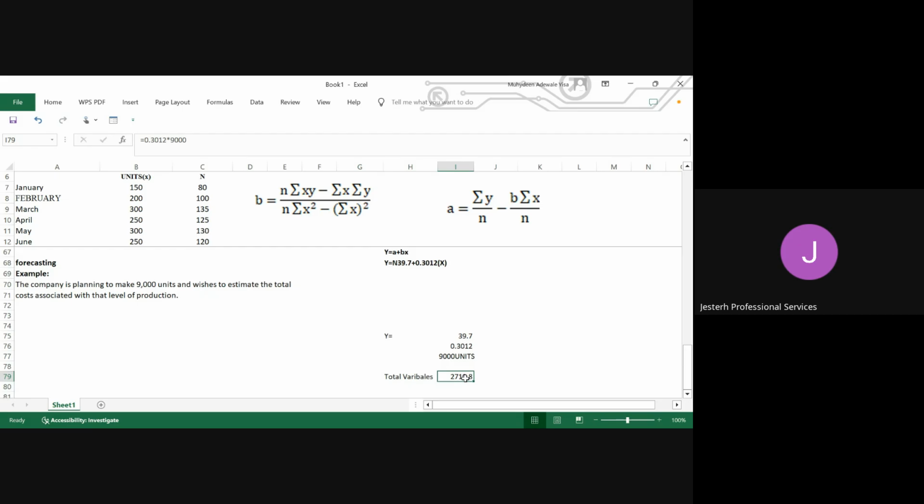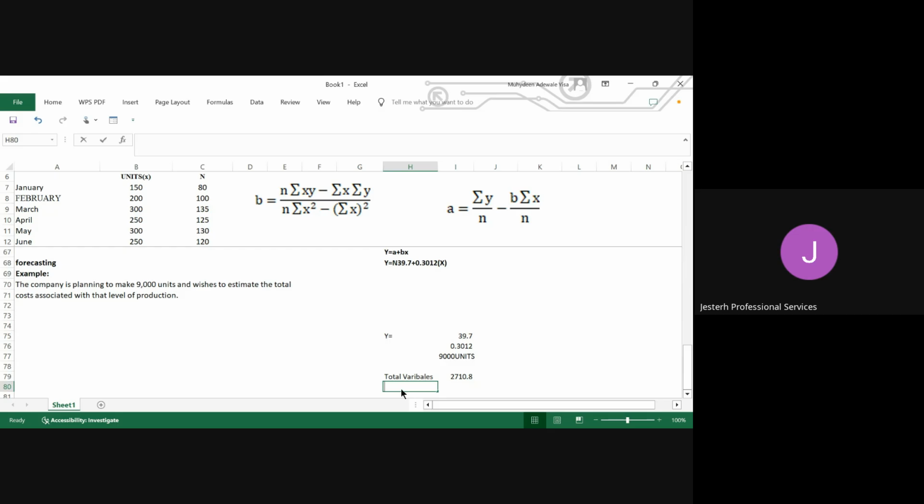You know how we arrive at this total variable cost? Our variable cost per unit is 0.3012 multiplied by what the company plans, which is 9,000 units. What they are planning to achieve in the future is 9,000 units. Then we need to get the total cost. Remember our total fixed cost is 39.7.